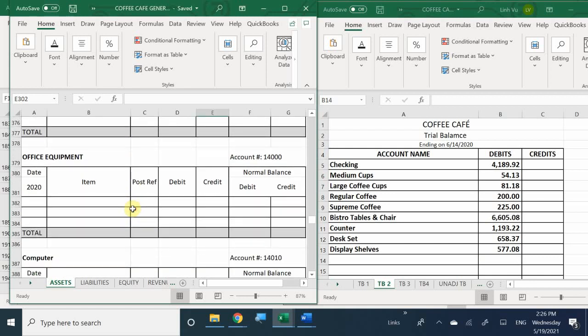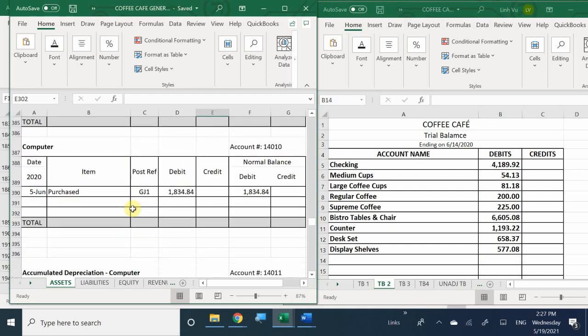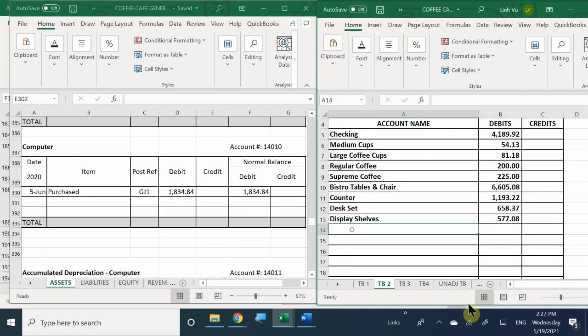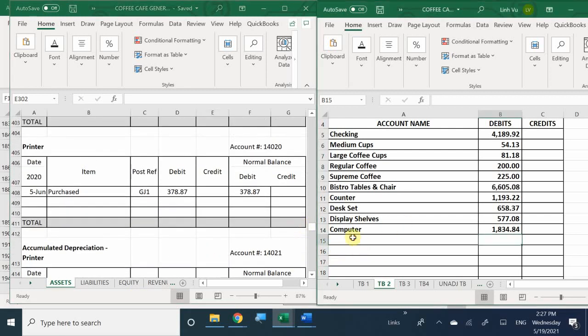Right. Do we have office equipment? We do have office equipment, but it's broken down into specific items. So here, do we have a computer? Yes, we do, $1,834.84. No depreciation yet, but do we have a printer?